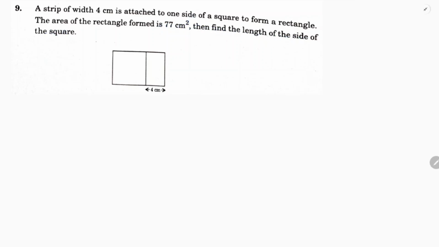So here, let the side of the square be x centimeters. So this is x and here also, this also will be x. Now if you see the diagram, the length will become x plus 4.